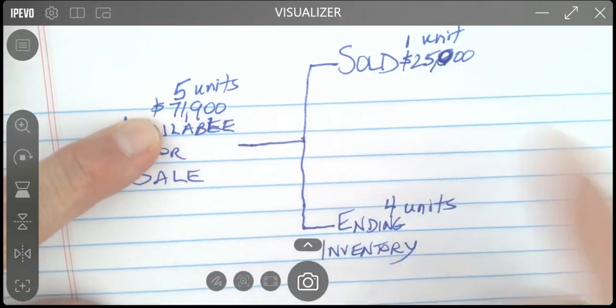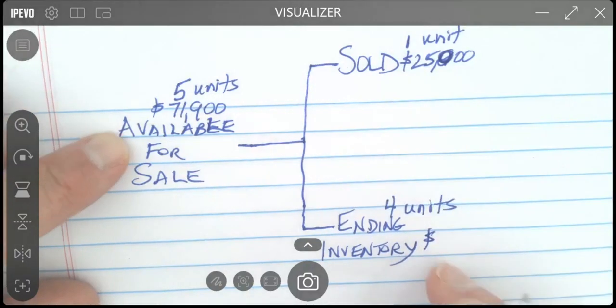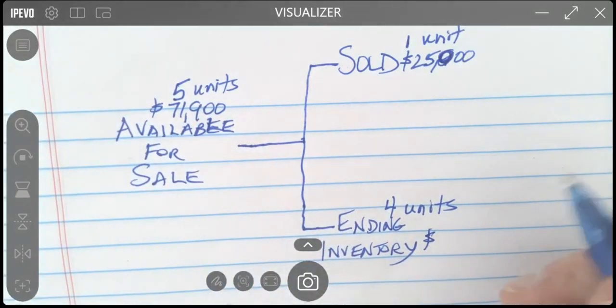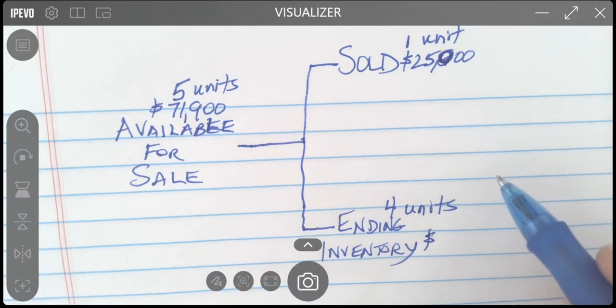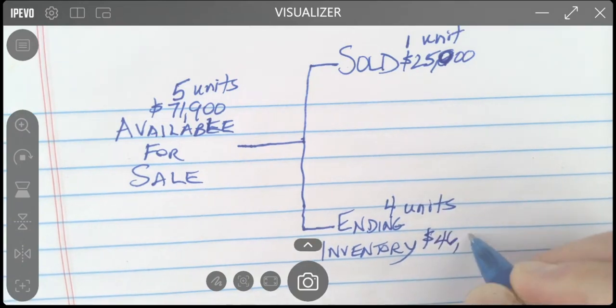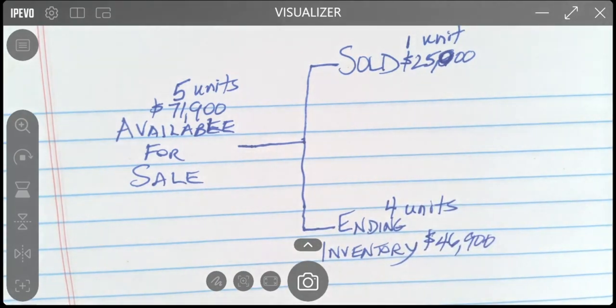We sold the 25,000, so the cost of the 4 units is going to be the cost of those remaining 4, which is the Honda, $12,000, the Sierra, $9,900, the Mustang, $11,000, and the Sequoia, $14,000. If you add that up, that's $46,900 is the cost of our ending inventory.